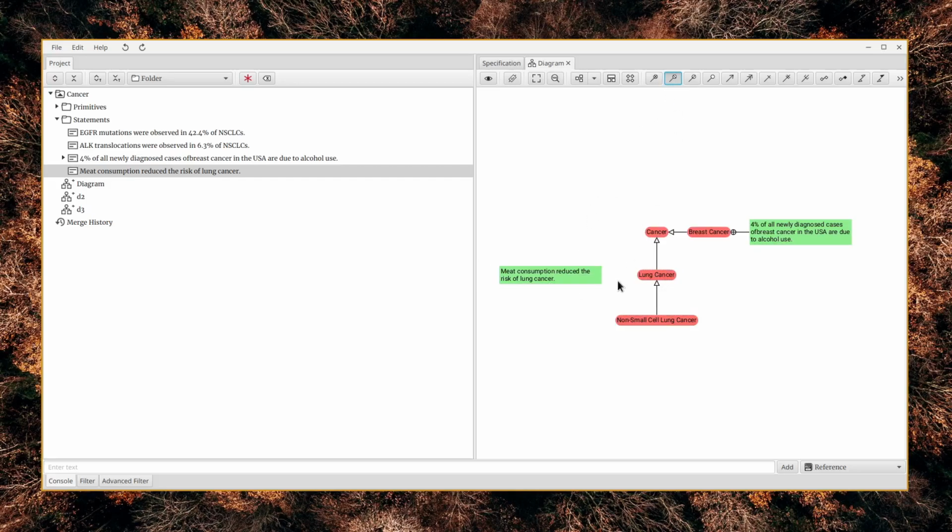A relation that shows that statement indicates a solution to the problem is called negative. It has an arrow head with a minus sign in a circle.